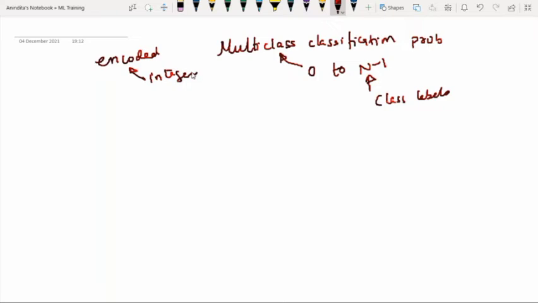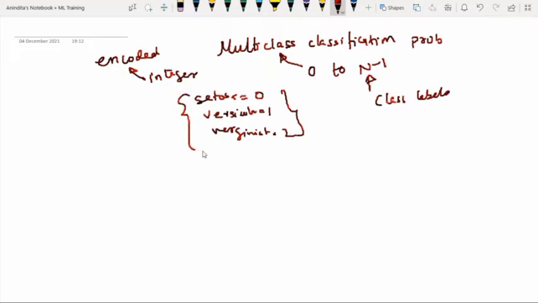So we can name Iris Setosa as class 0, Versicolor as 1 and Virginica as 2. This is how multi-class labels are encoded into integers. We can apply this up to n minus 1 classes.